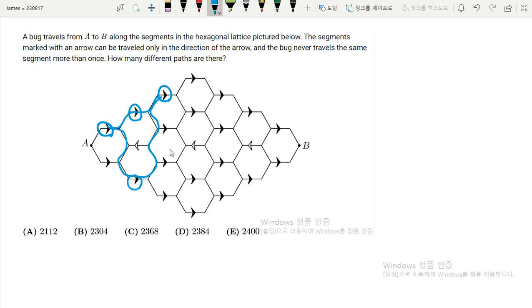There are two ways from this point to this point. How about moving from this point to this point?